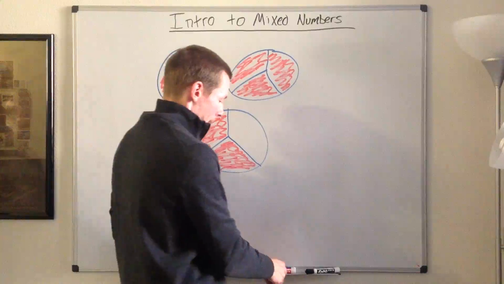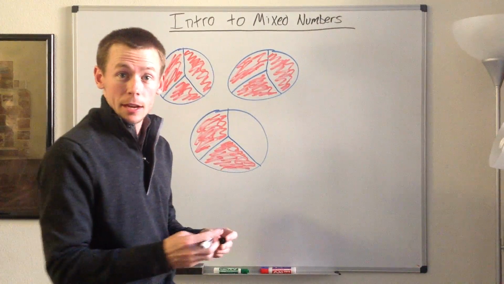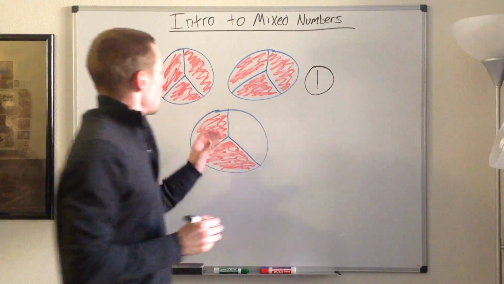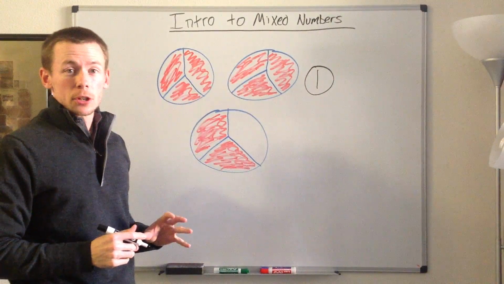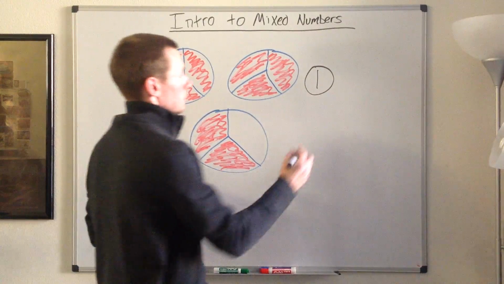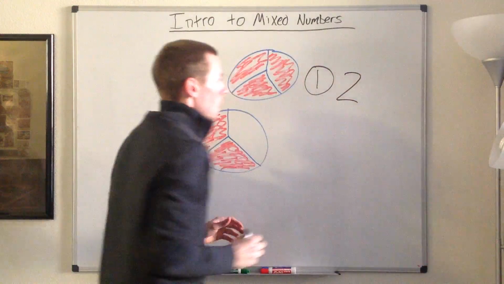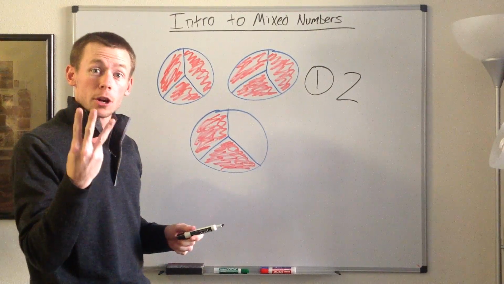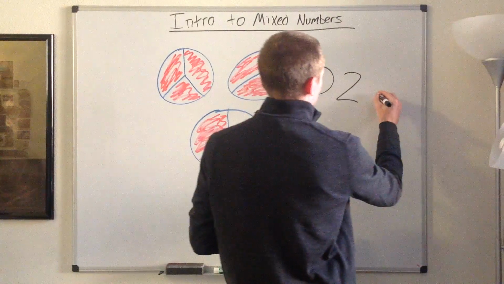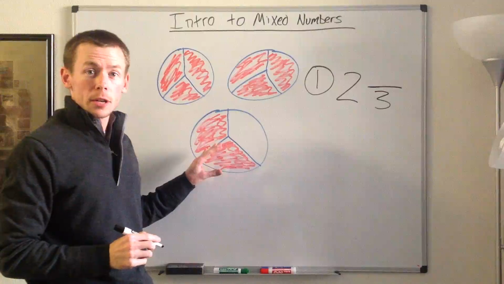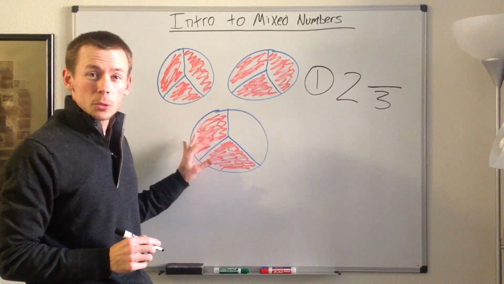So, again, two ways to then think of this. How many complete circles do we have? Two. What have they been carved into? They've been carved into thirds. And then in this third circle here, how many of these do we have?